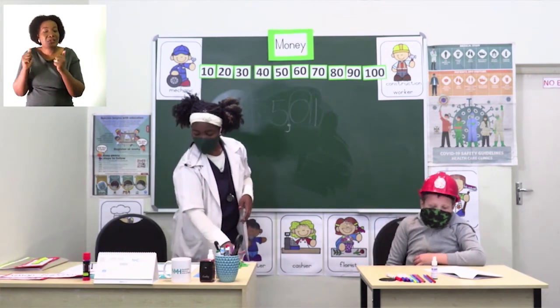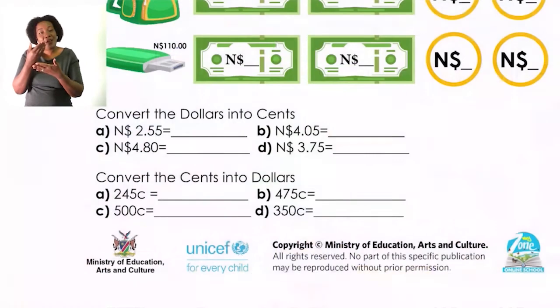Let us go back to our page 6 and look at the converting activity down there. Now, number A says you have $2.55. The first instruction on top says we have to convert the dollars into cents, from dollars to cents.